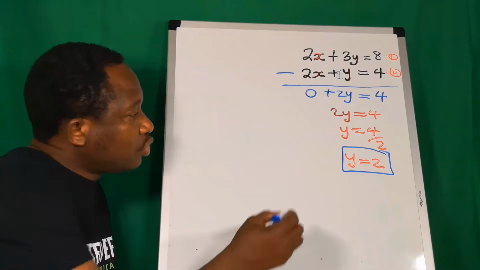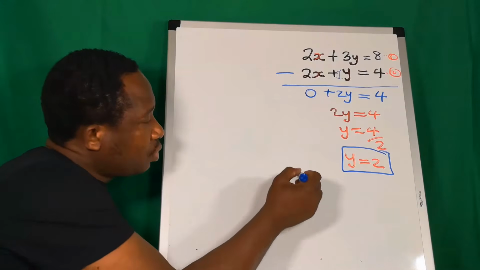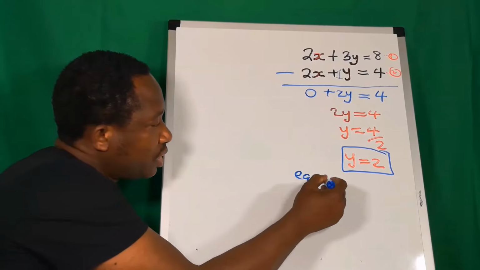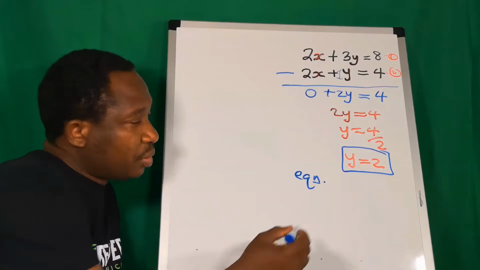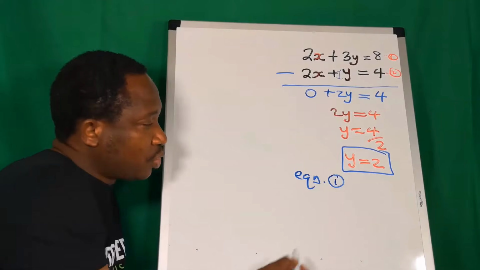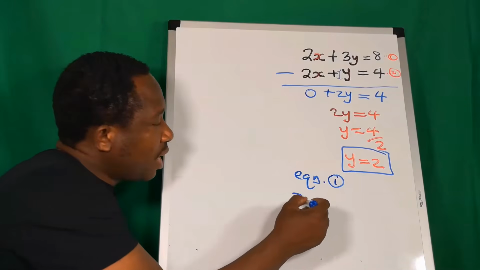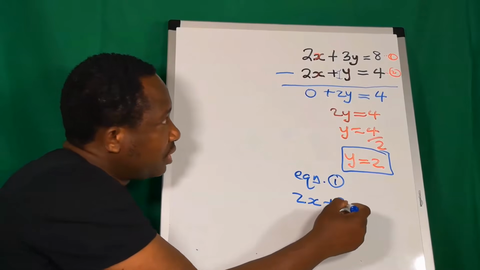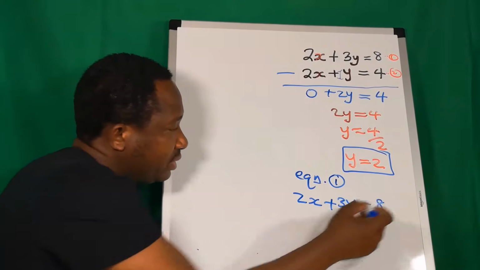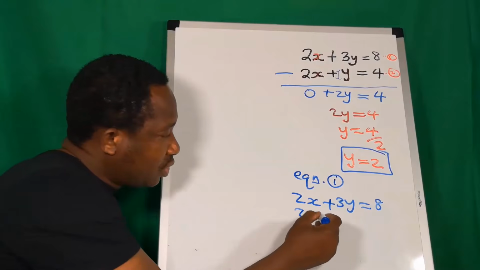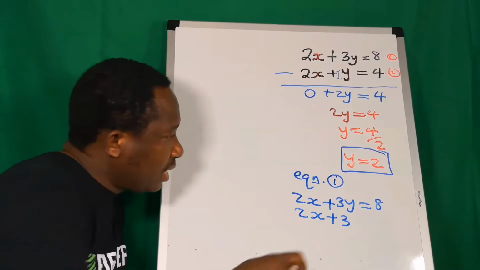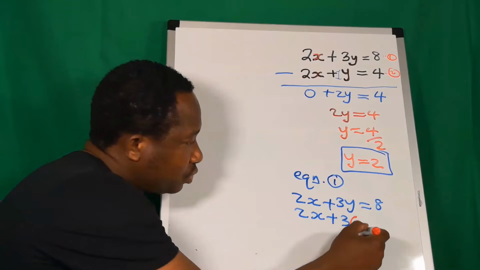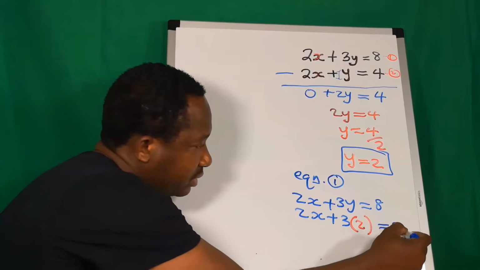Next, we're going to substitute y equal to 2 into equation 1 or 2. Here, I will substitute into equation 1. In equation 1, we have that 2x plus 3y is 8. We have y, so this is 2x plus 3, and instead of y, here y is 2, and this is 8.